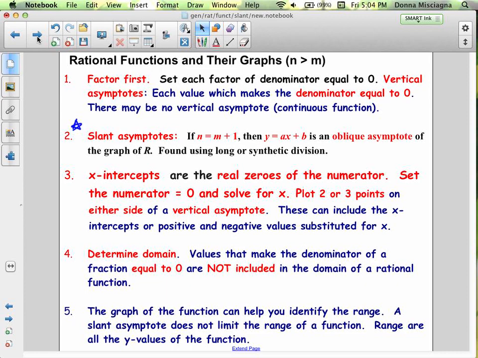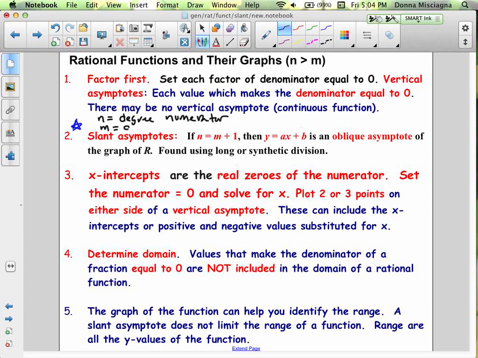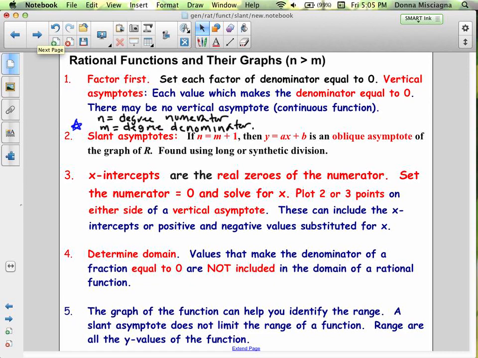So if n equals m plus 1, and remember n is the degree of the numerator and m is the degree of the denominator, so if it's exactly one more, we're going to have a slant asymptote. y equals ax plus b is an oblique or slant asymptote of the graph.